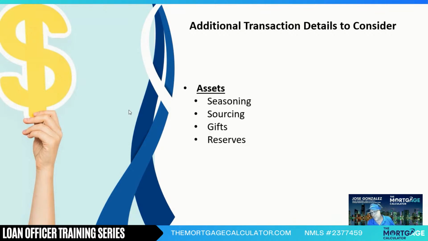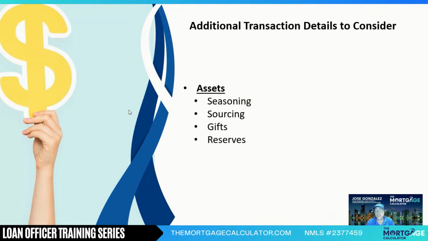But then the answer in those cases is not going to be that. The answer is usually, yeah, no, he just had some cash lying around and he gave it to me. In that case, that gift can't be sourced, and you're going to have to wait for that money to season in the account before it can be considered for assets and before it can be considered for reserves.